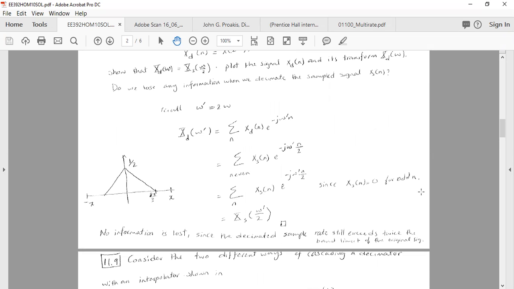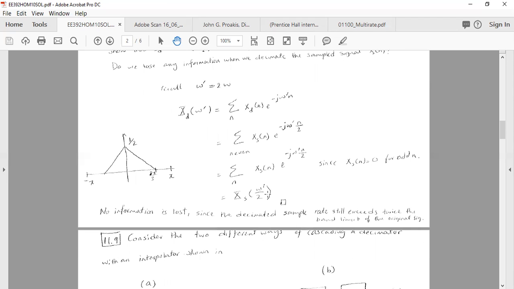Over here, x_s[n] is equal to 0 for odd n, so the Fourier transform will give 0 and it can be omitted. Reducing down to this, if you look closely at the main sequence, it is now in terms of n. We don't write it in terms of even numbers.